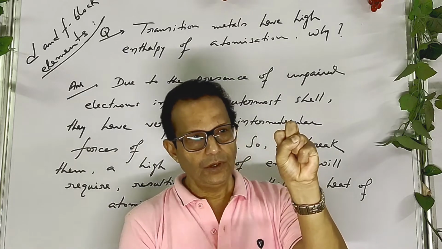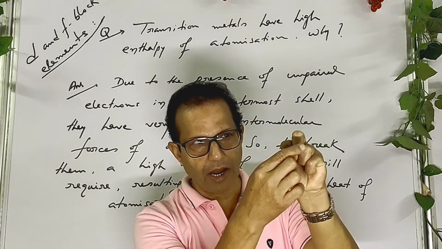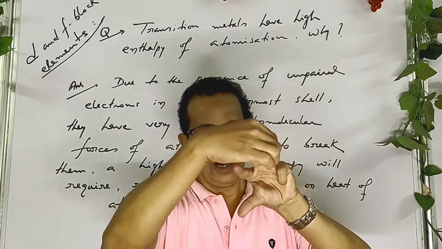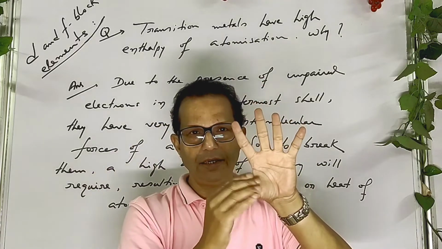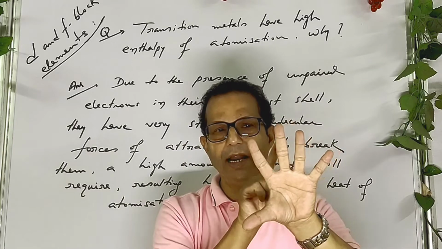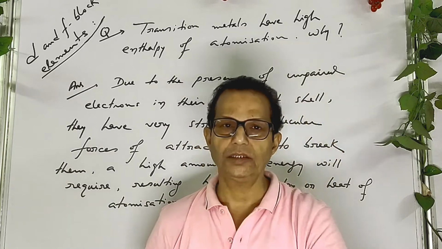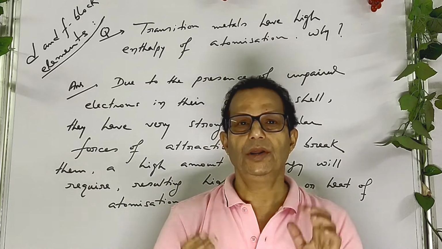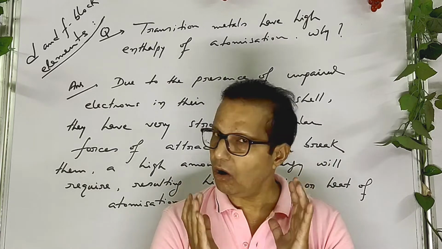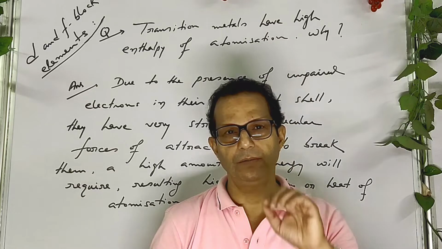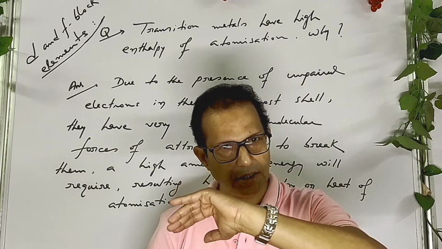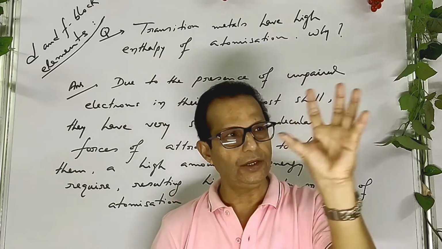That's why to break the molecules into atoms, a high amount of energy is required. That's why transition metals have very high value of enthalpy or heat of atomization. That is, the energy required or released to break a molecule into atoms.